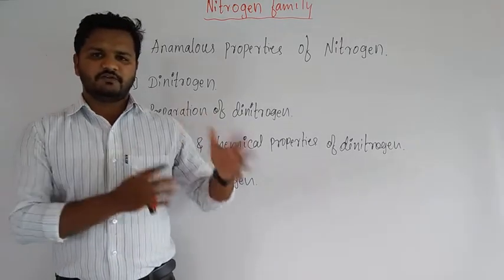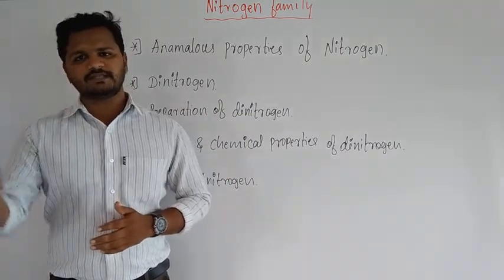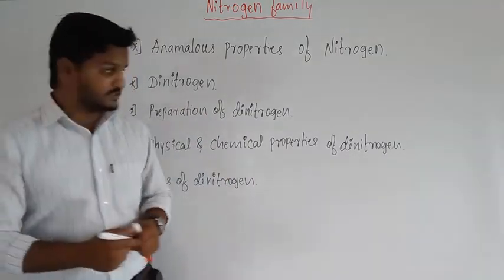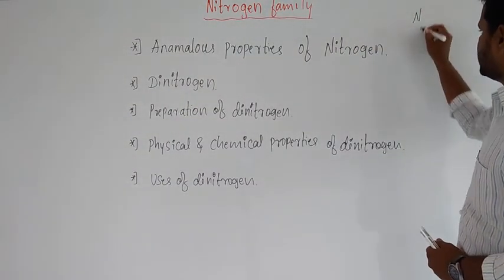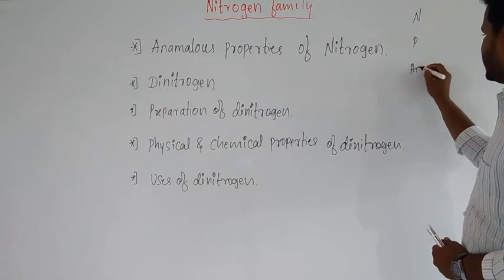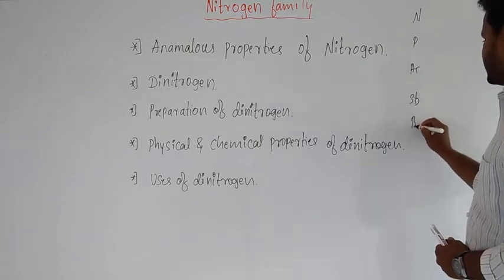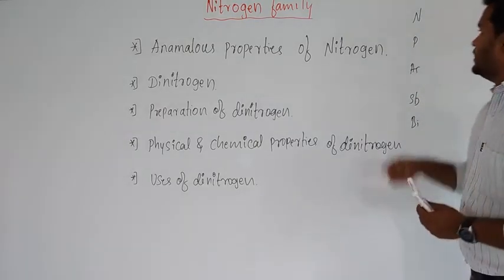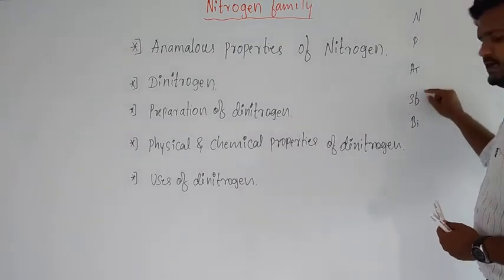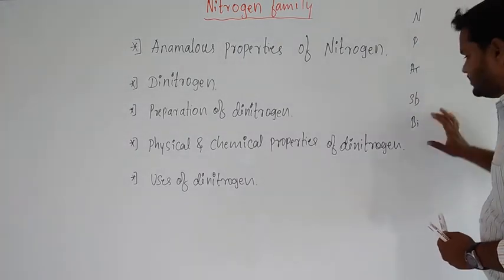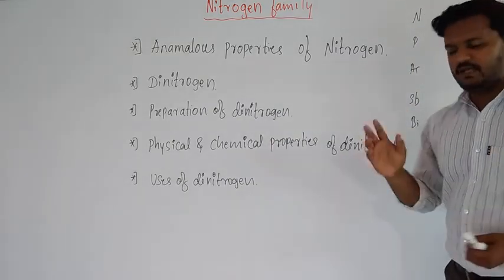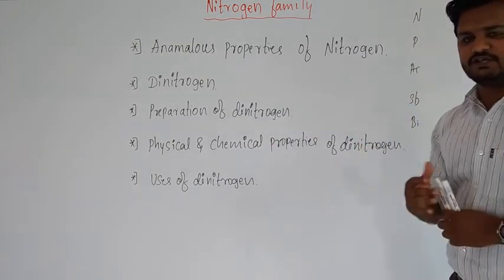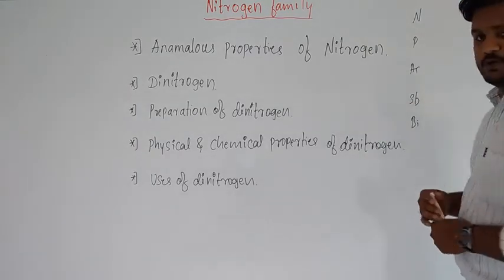Nitrogen shows different properties than the rest of the group 15 family. For example, the nitrogen family is nitrogen, phosphorus, arsenic, antimony, and the last one is bismuth. Phosphorus, arsenic, antimony, and bismuth show similar properties, but nitrogen shows different properties.